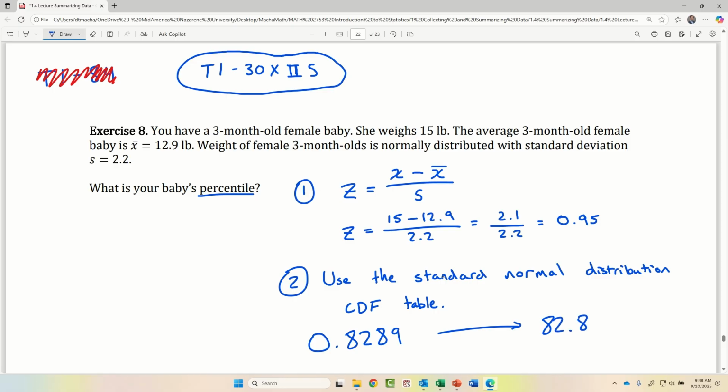So multiply by 100 and we have our percent. This baby is the 82.89 percentile. In other words, this baby is heavier than 82.89% of the population, but still lighter than 17% of the population. That's where they would rank if you ranked all of the babies from heaviest to lightest.